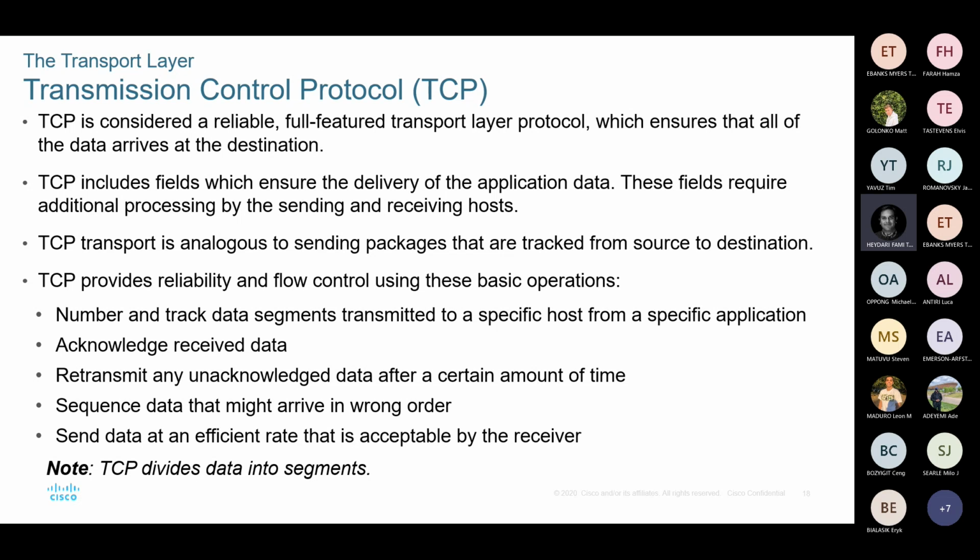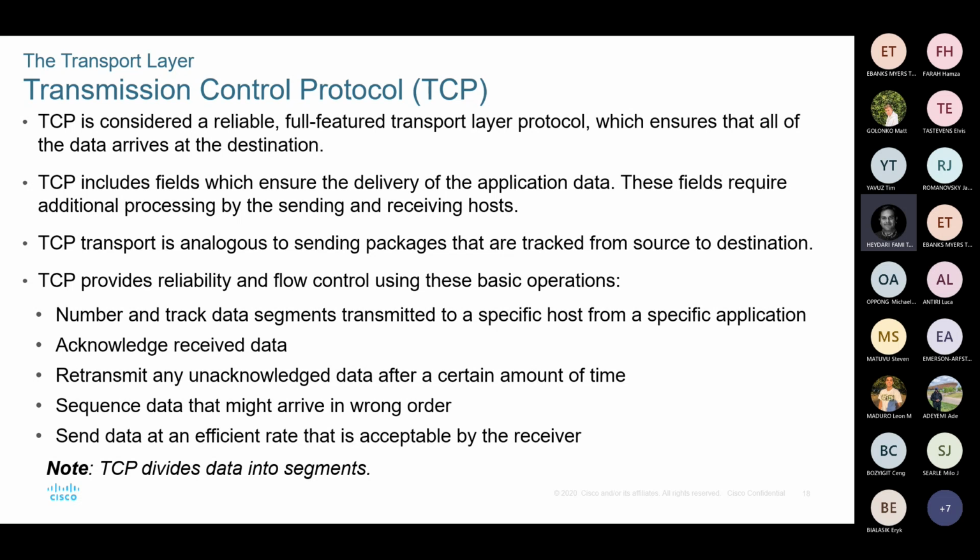So the destination is telling me that you are sending too many segments, which I can't digest. Can you slow down? Or the destination is telling me that, you know what, I have capacity, so why don't you send more segments? Therefore, you are going to adjust the rate at which the sender speaks. This is known as flow control, and this happens with TCP, not with UDP.